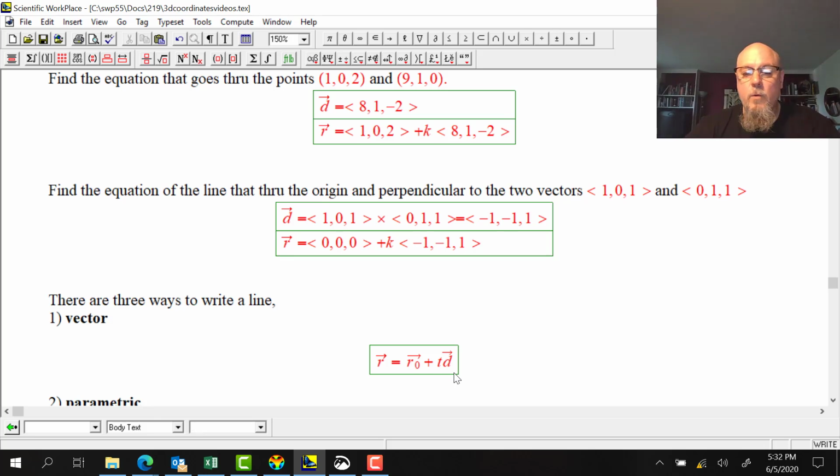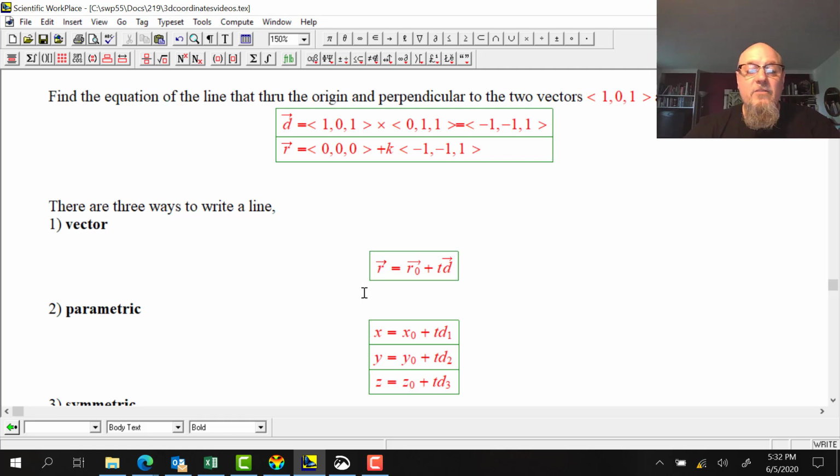The parametric equation, well, instead of writing it all, take a look at our line through the origin perpendicular to those two vectors. The x value is 0 minus the k value. The y value, the y component of every point on the line, is 0 minus the k value. The z is 0 plus the k value.